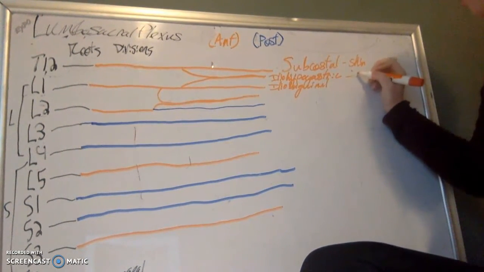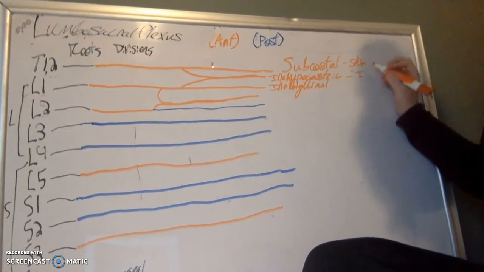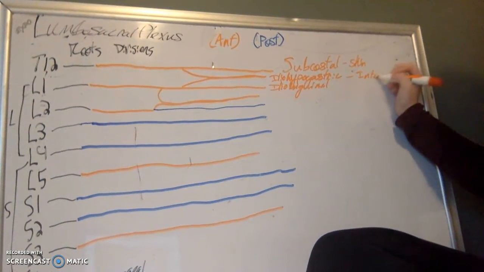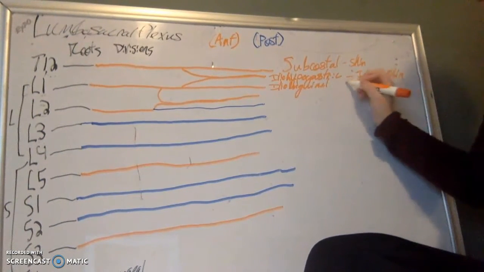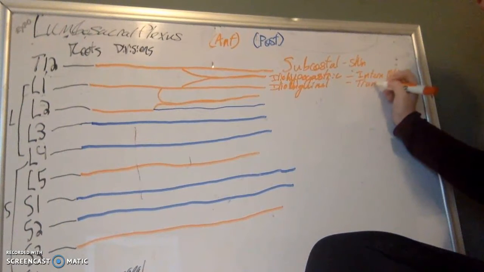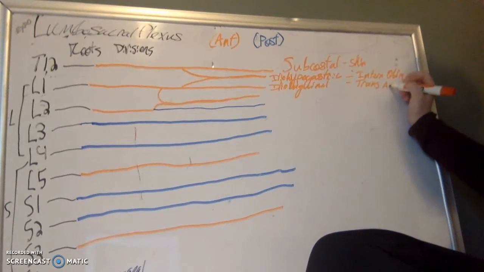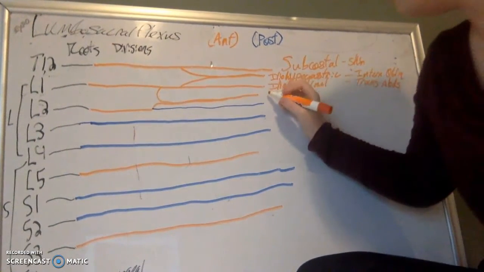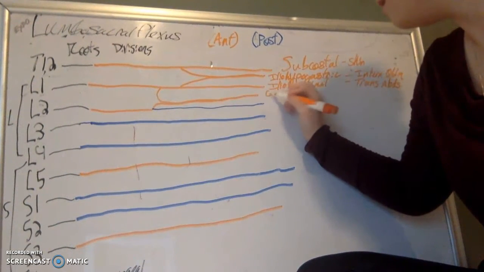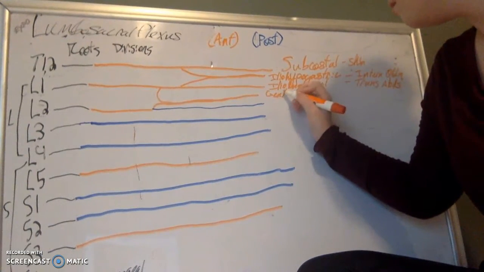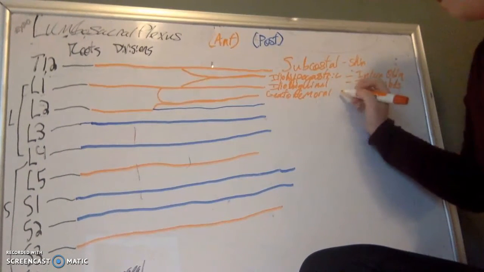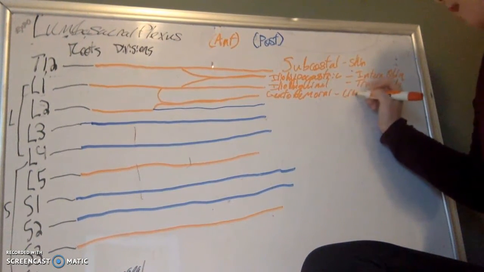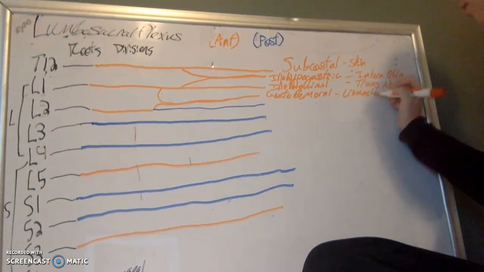And both of those will innervate the internal obliques, as well as the transverse abdominal muscles. And then underneath that, we will have the genitofemoral, which will innervate the cremaster muscles.